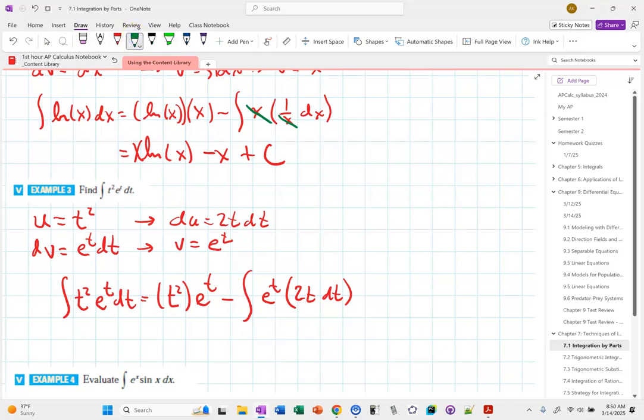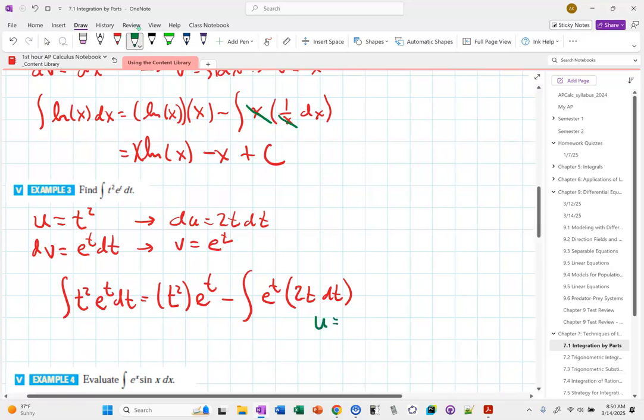Well, u sub's not going to work on it because I still have that t, right? I just have to do another integration by parts. It got simpler than the previous integral because it's a degree 1 polynomial times an exponential instead of a degree 2. But it just looks like another integration by parts problem to me.